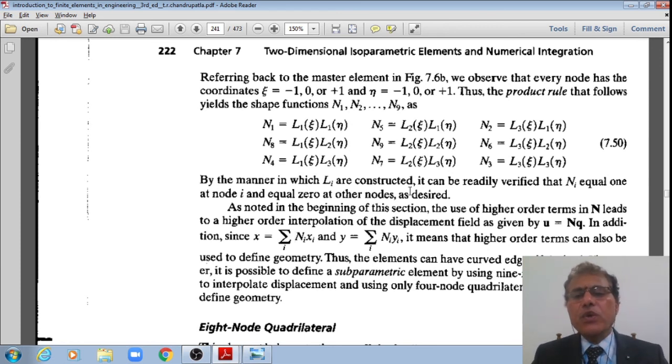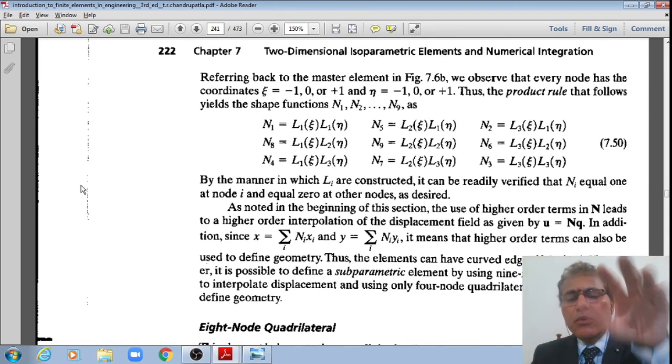It means if I use all the 8 or 9 shape functions to interpolate the displacements, but I only use the corner nodes 1, 2, 3, 4, N1, N2, N3, N4, 4 shape functions only to interpolate the geometry. I am using a lesser number of shape functions.